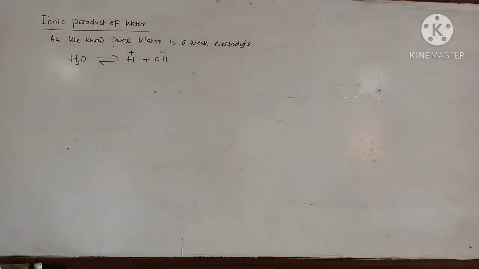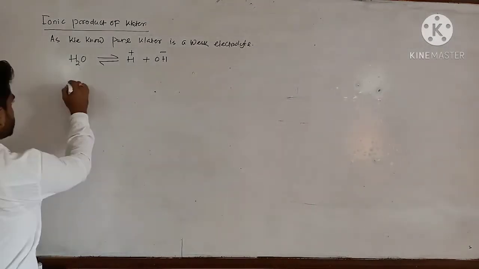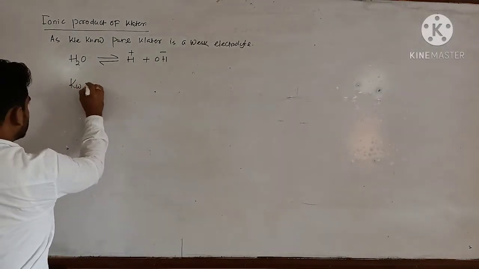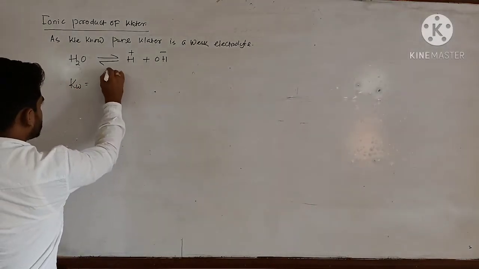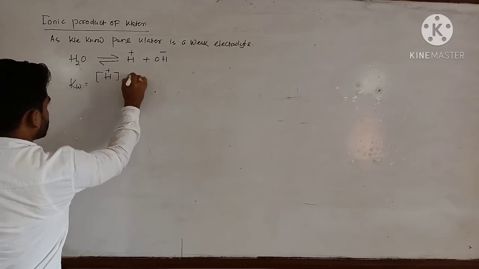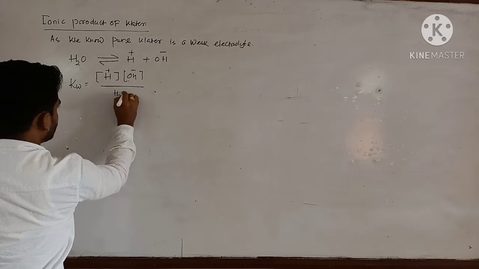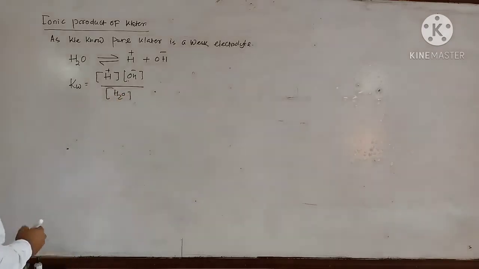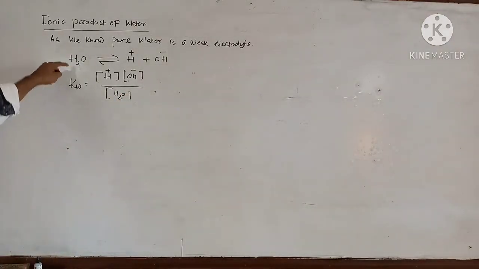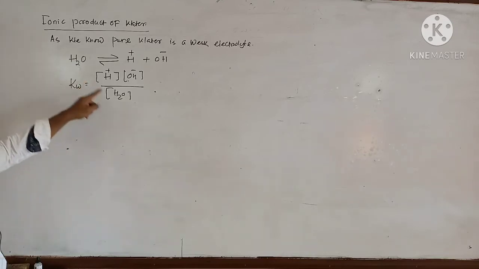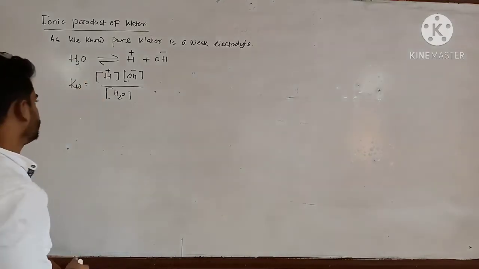So the dissociation constant of water can be written as Kw, that is equal to the concentration of H plus into the concentration of OH minus upon the concentration of water. As you know, water is a pure liquid and its concentration is taken to be constant.